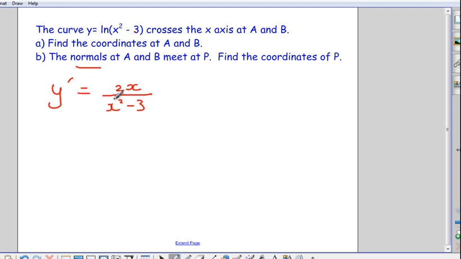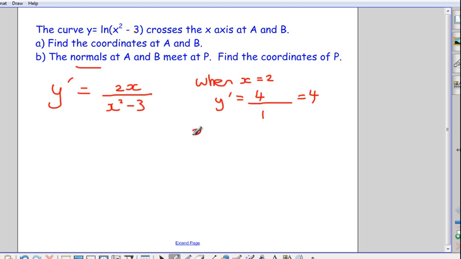So there we go, there's our gradient function. And we want to know what happens when x is equal to 2 and when x is equal to minus 2. So when x is equal to 2, y dashed will be equal to 4 over 4 minus 3, which is 1, so that's just 4.